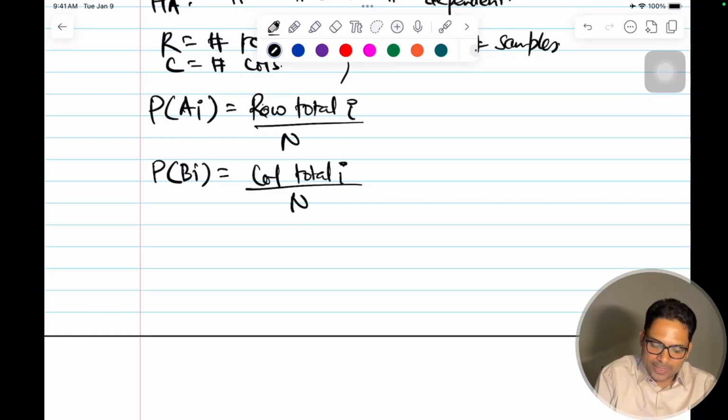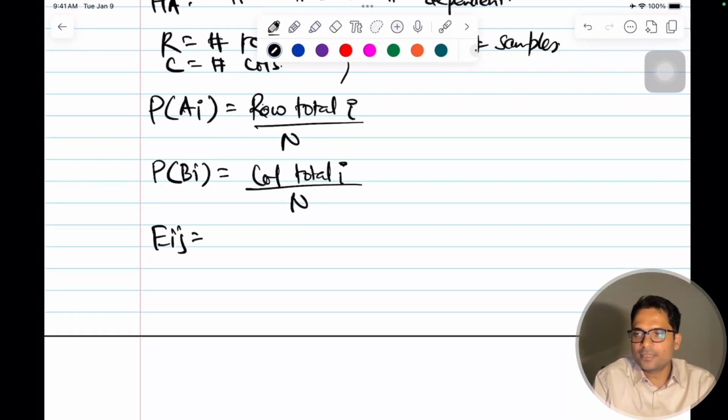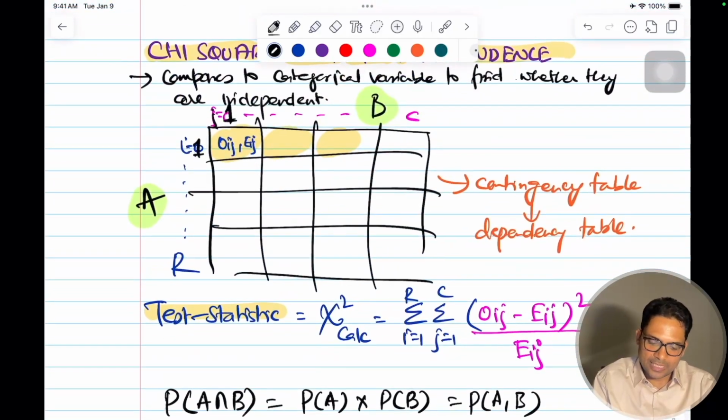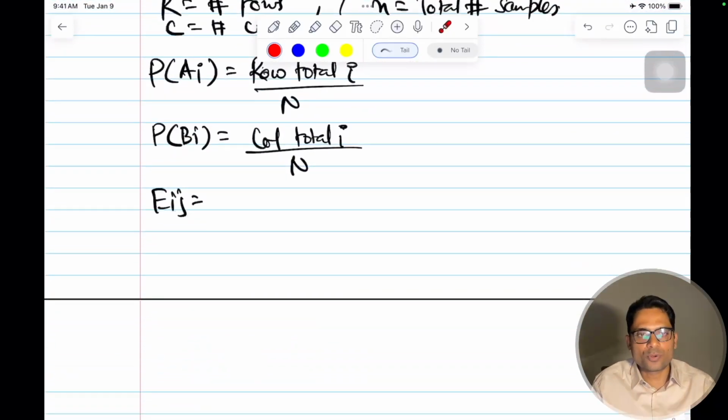Now, what will be the expected value? E_ij is equal to the cell value for this expected value here, any ij, this is i, this is j. So I expect them to be the product of these two.